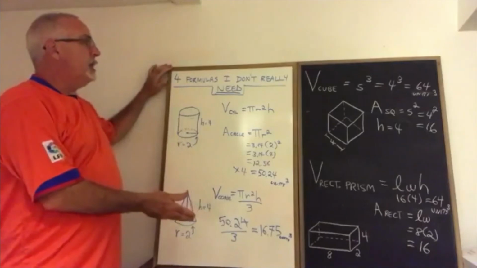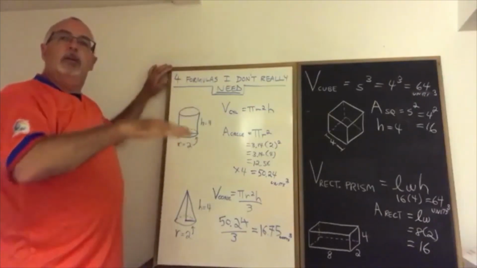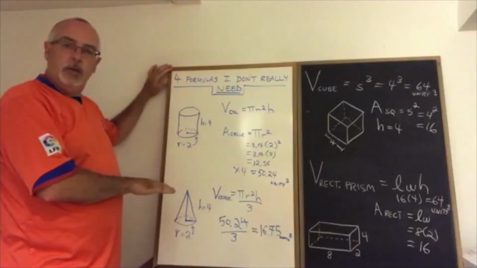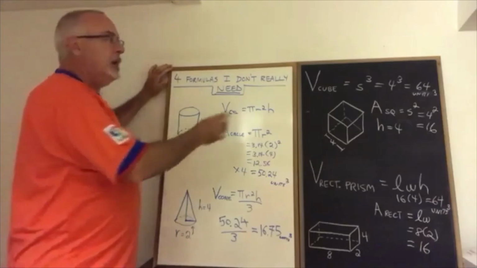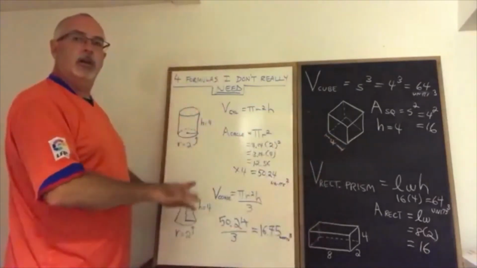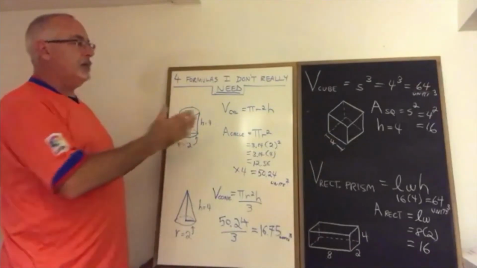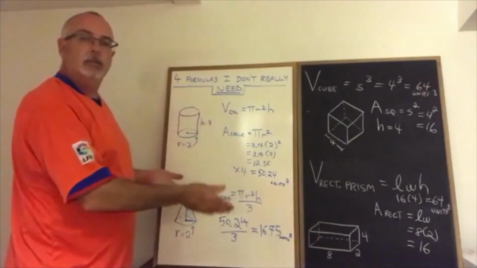So this is the reason that we don't really need these 4 volume formulas. We know enough about more basic concepts of geometry so that we can figure out these volumes without needing the formulas. We know that these 3 shapes stay the same size as you climb up through the shape, and that means that the volume in all 3 cases is just going to be the area of the base times the height.